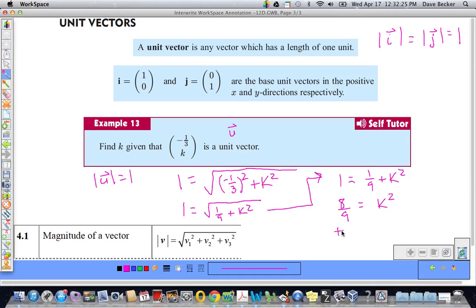And so k could be plus or minus the square root of 8/9. And if I simplify that, then I would get plus or minus root 8 over 3 equal to k. And it could be plus or minus because we would still have a magnitude of 1.